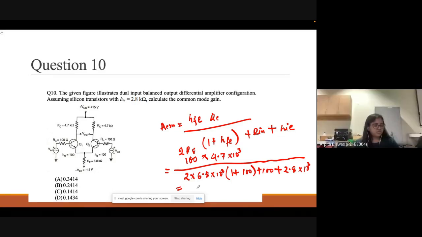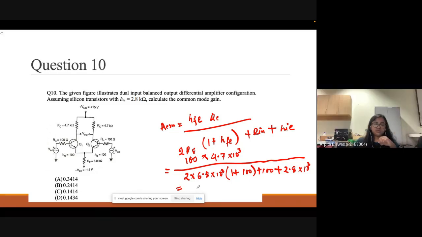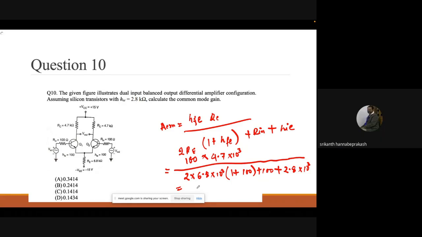Okay, Srikanth, have you calculated? I'm calculating, madam. Okay, calculate. And Pradeep? In this formula, the term 2RE into 1 plus beta is much higher compared to RIN plus HIE. So if we neglect that, approximately 1 plus HFE is equal to HFE.